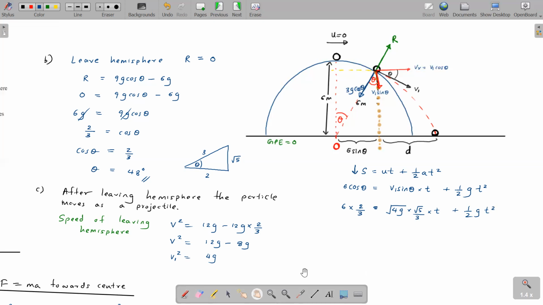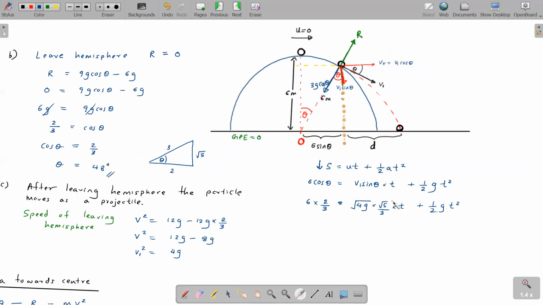Over here we get a quadratic equation in t, but let's see if we can find the exact figures or not. I get 6 into 2/3, that's 4, and root 4g into root 5, that's root 20g over 3, times t plus half g t squared. So we get a decimal kind of quadratic equation here.